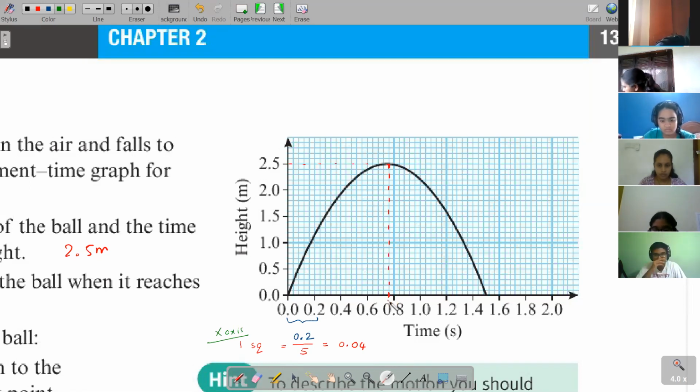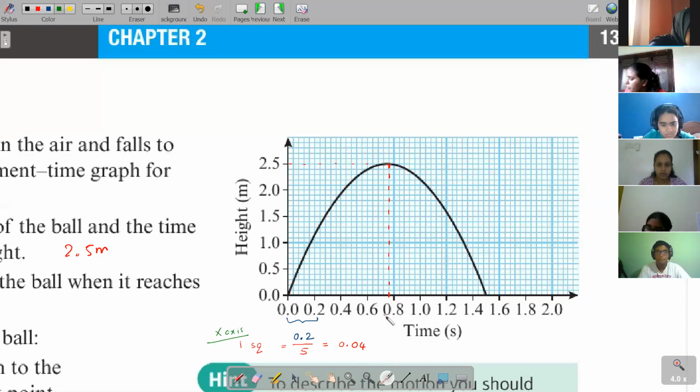What's the value here? 0.76. Or, in other words, from 0.6 you can go 4 small squares forward. 0.6 plus 4 times 0.04. That's one way. The other way is from 0.8 you go 1 small square back.